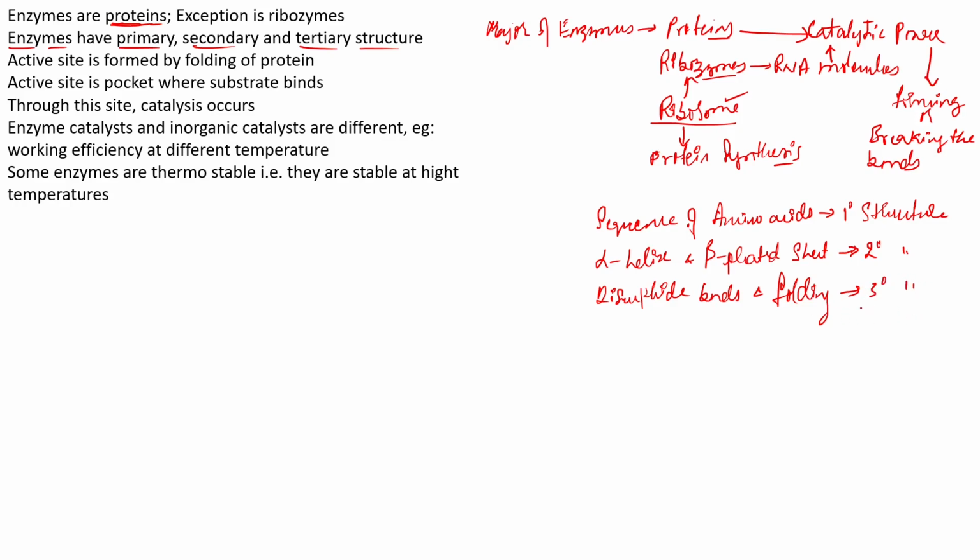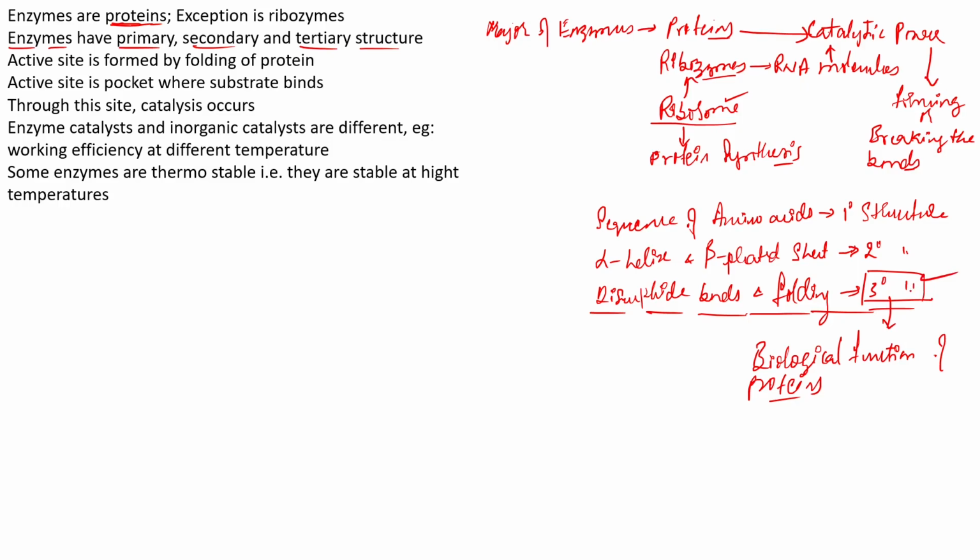So we have discussed in our last class that the folding is associated with the tertiary structure, and ultimately the tertiary structure is important for one reason: it is giving the biological function of proteins. So the biological functioning of the proteins is determined by which level of organization or which structure? It is none other than the tertiary structure, right?